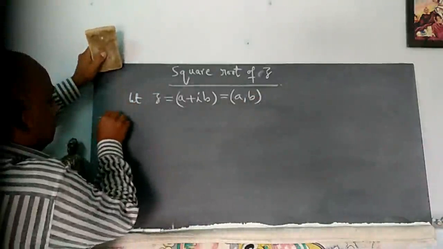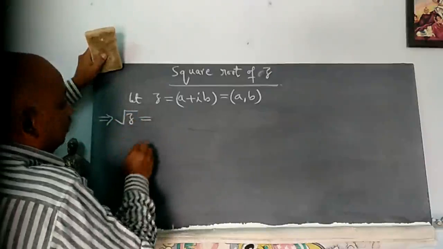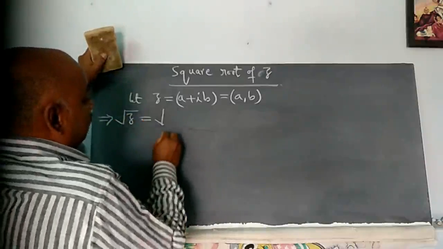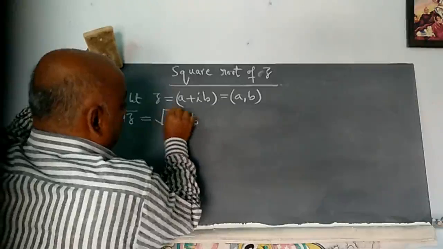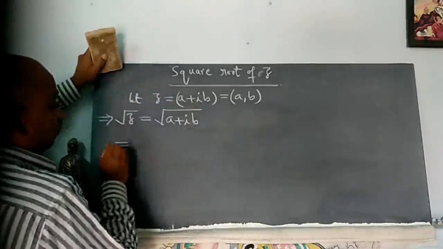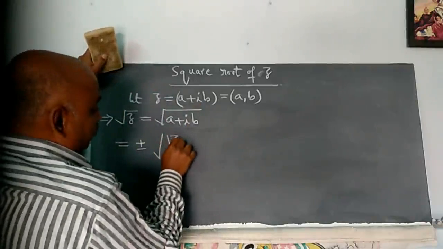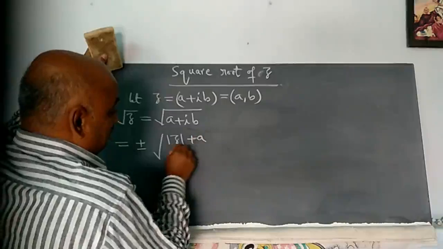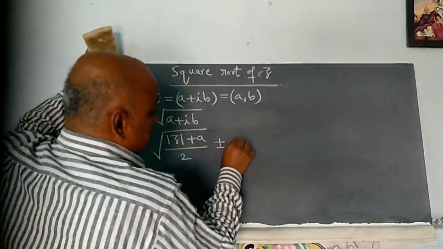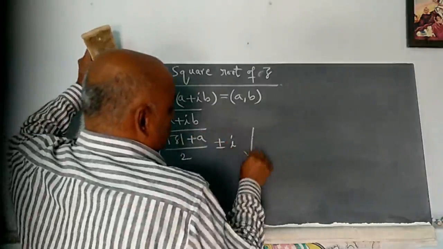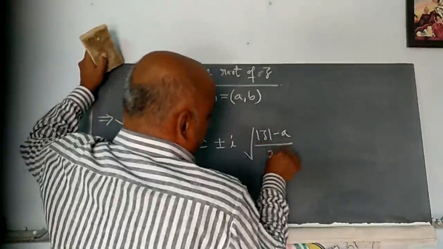This implies the positive square root of z, that is the square root of a plus ib, is equal to plus or minus [square root of (mod z plus a) by 2 plus or minus i into square root of (mod z minus a) by 2].